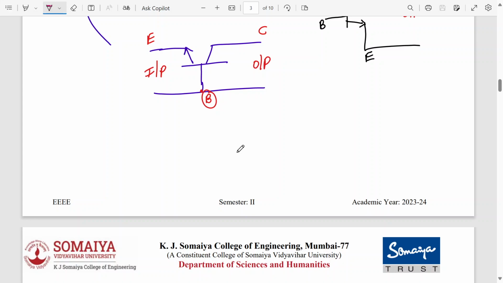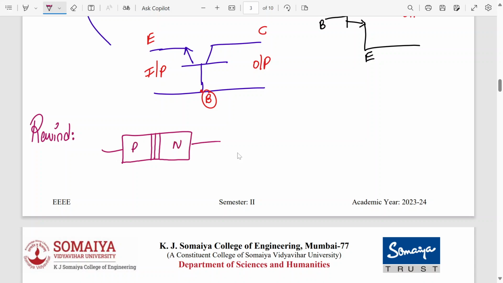Before I start, let me rewind you for a PN junction. If you are under reverse bias and you go on increasing the reverse bias voltage, that is VR, what will happen?